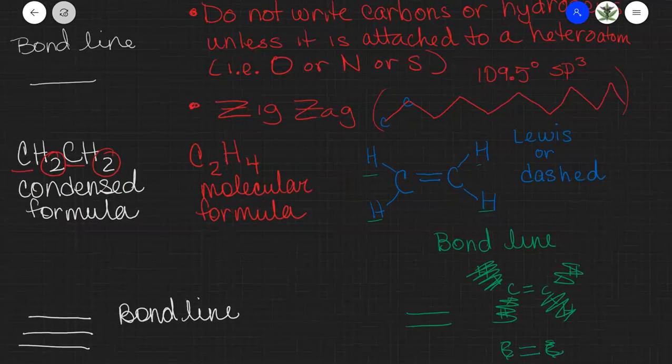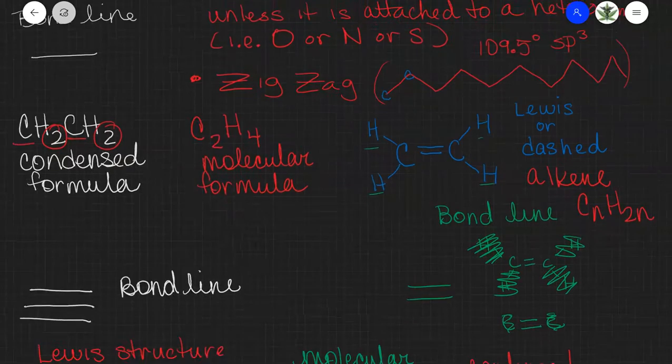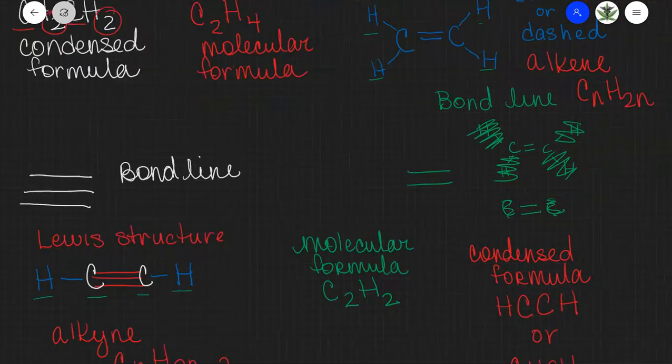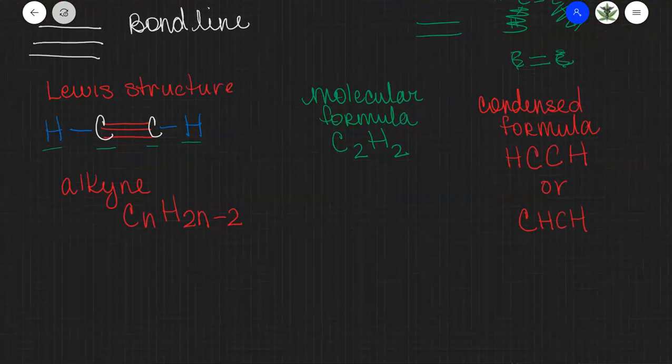If we look to the right at our second example, this is an alkene because it has a carbon-carbon double bond, and it has the general formula CnH2n. And then the alkyne, which we just looked at.